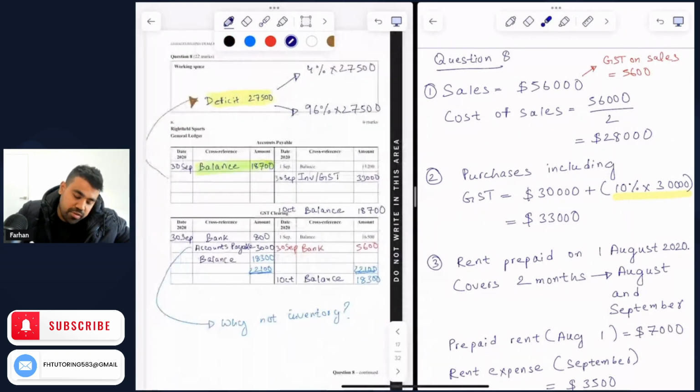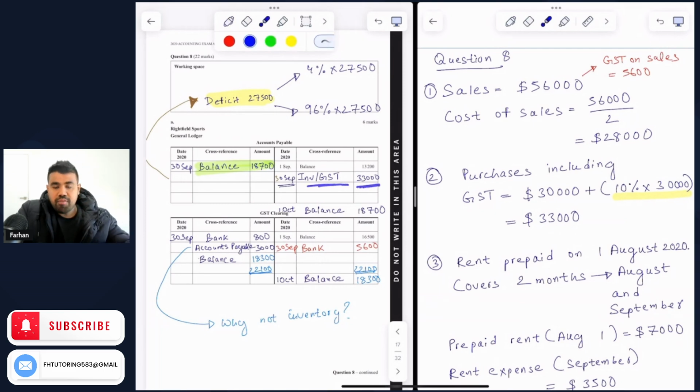So including GST, it comes out to be $33,000. So within the accounts payable ledger account, on the credit side, we're including inventory plus GST clearing of $33,000 because the accounts payable, we have to pay them including GST, obviously. And this $33,000 refers to additional purchases made on credit during the month.